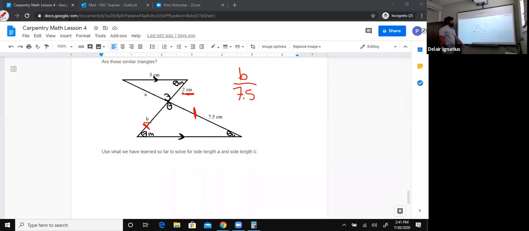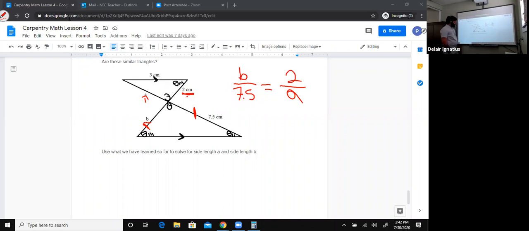So B over 7.5 has to be equal to the fraction of the same corresponding sides on the other triangle, which is going to be, B we said was related to 2 over, now this 7.5 relates to A. Theta 2 and theta 2 are up here, so that's over A. So we have two unknowns, so we can't actually cross multiply and divide just yet, okay?